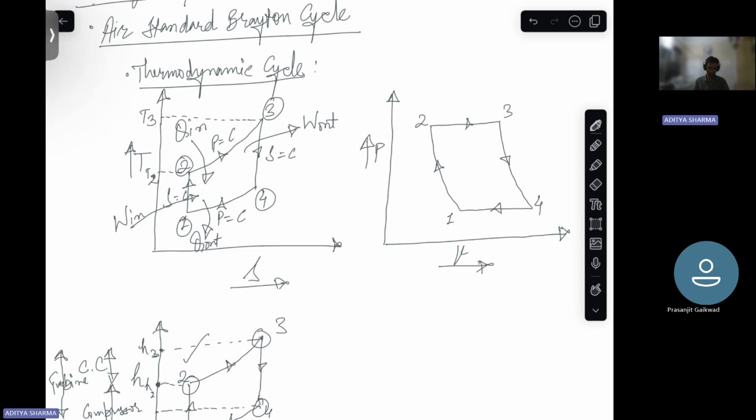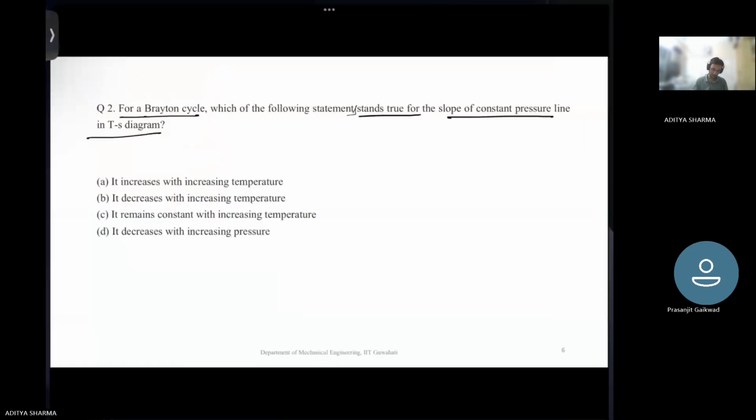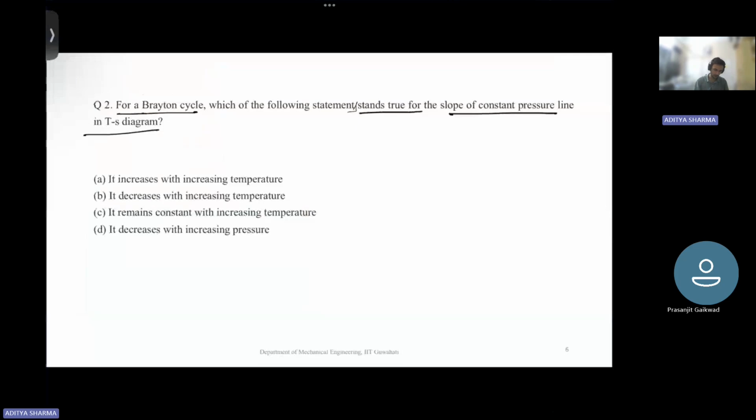So if your temperature increases, the slope increases, right? The temperature is increasing, your slope is also increasing. So that is one point we can say about your constant pressure line. So options are: it increases with increasing temperature, it decreases with increasing temperature, it remains constant with increasing temperature, it decreases with increasing pressure.